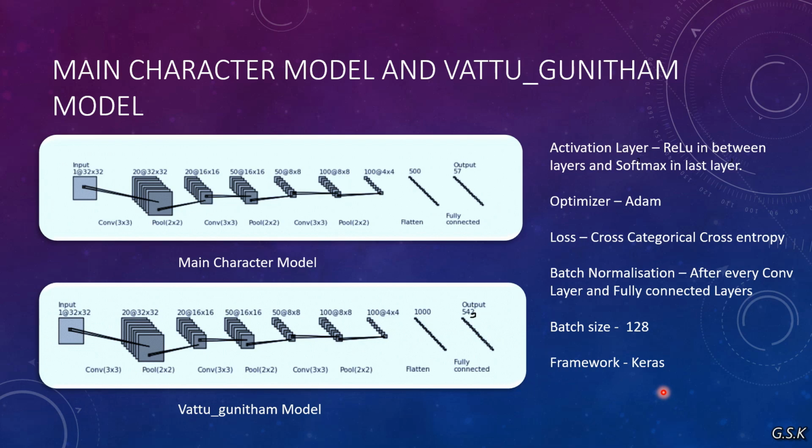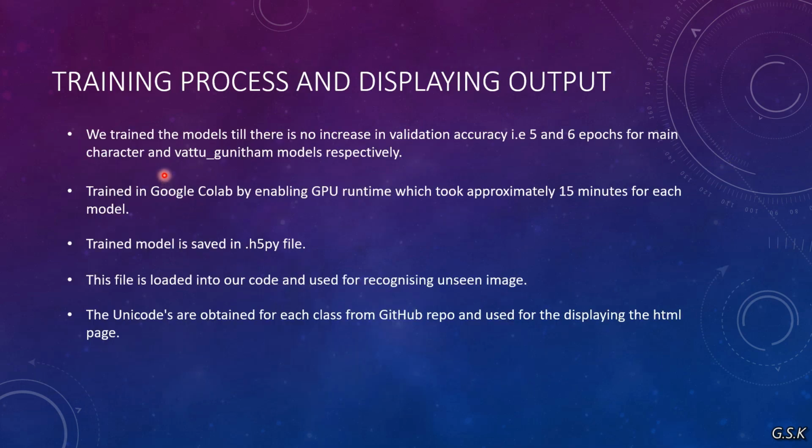The framework which we have implemented all this in is Keras. We trained the models till there is no increase in validation accuracy. We kept it as a callback such that if there is no significant increase in validation accuracy between 2 epochs, it will automatically quit the training process. By doing that, we got the 5th and 6th epochs as the converging points of the main character and Vattugunitham models respectively. We trained all this in Google Colab by enabling GPU runtime.